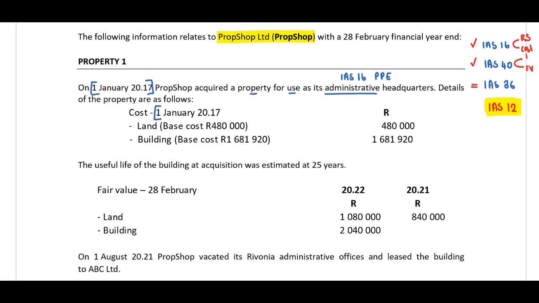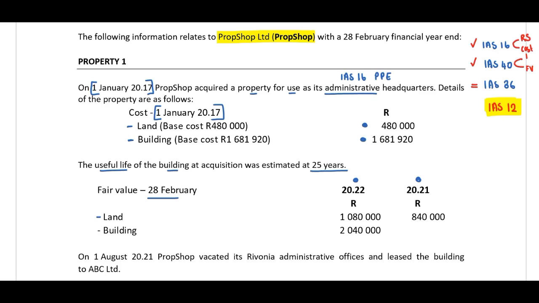Cost on 1 January 2017. Land, base cost 480,000. The building with a base cost of 1,681,920. The useful life of the building at acquisition was estimated at 25 years. Then, fair value on 28 February 2022 and 2021.